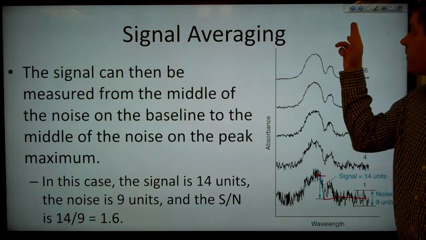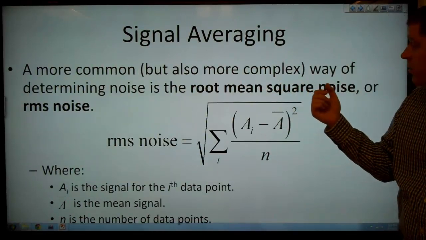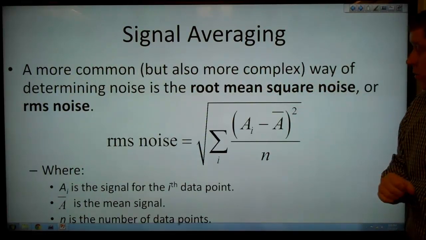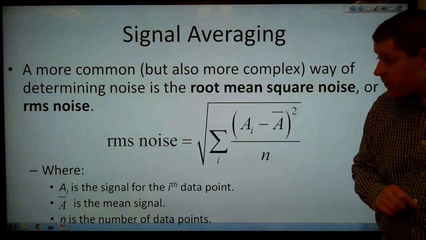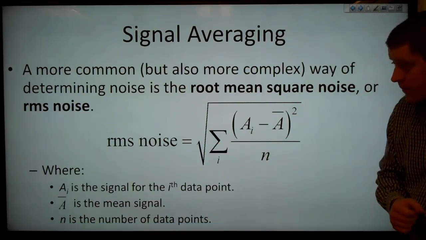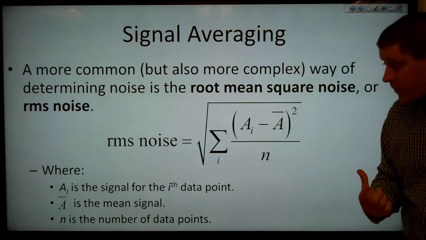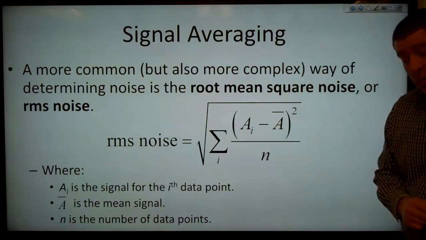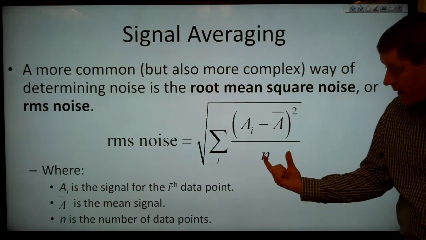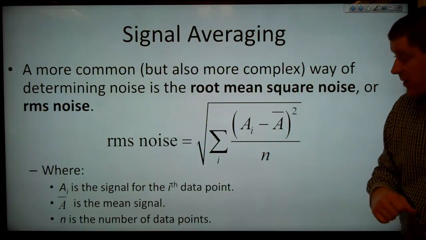with just one. A more common, but also more complex way of determining noise is the root mean square noise, or RMS noise, that we calculate this way, where A_i is the signal from the ith data point, A bar is the mean signal, and N is the number of data points that we have.